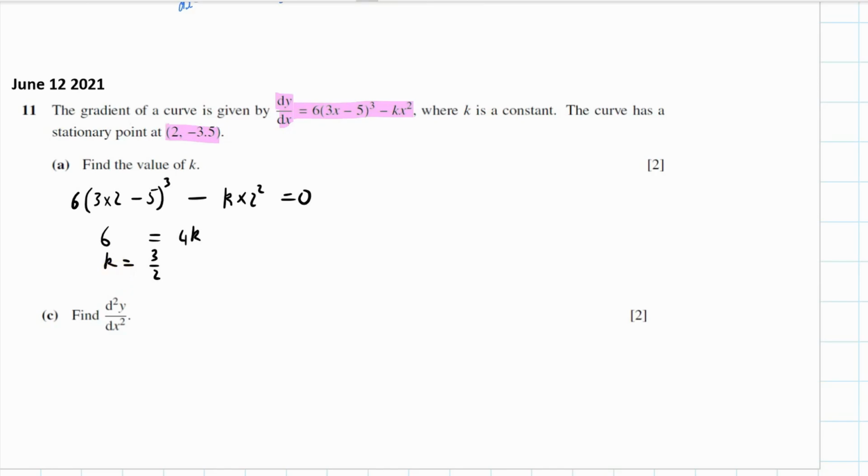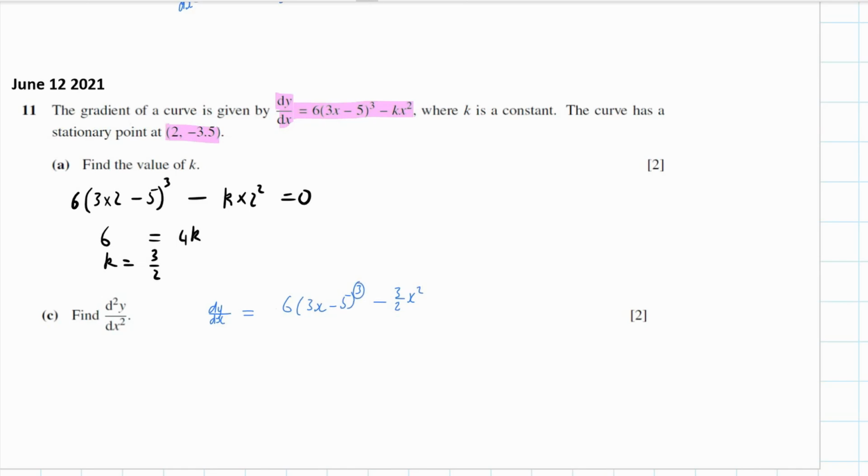So we're going to say we've got dy dx is equal to 6 bracket 3x minus 5 all to the power of 3 minus 3 over 2 x squared. And if we differentiate that, let's just consider this first bit here.